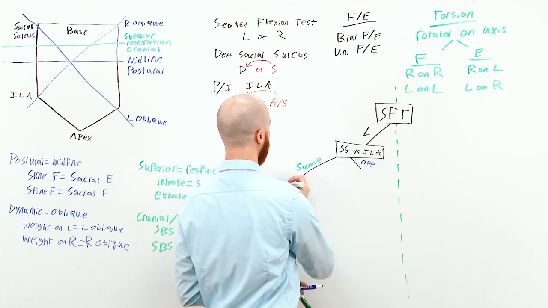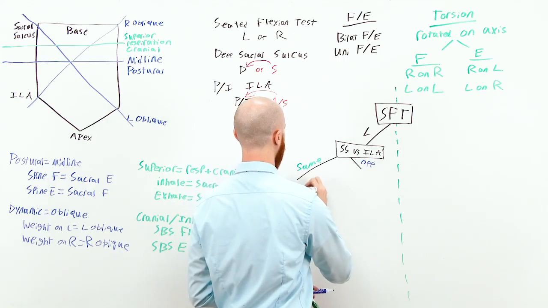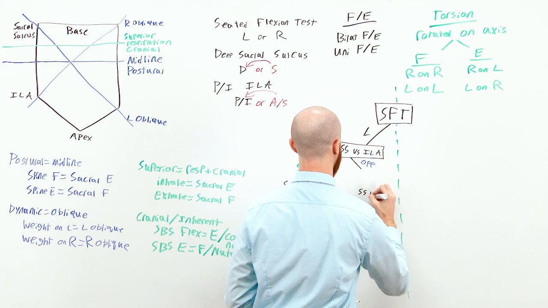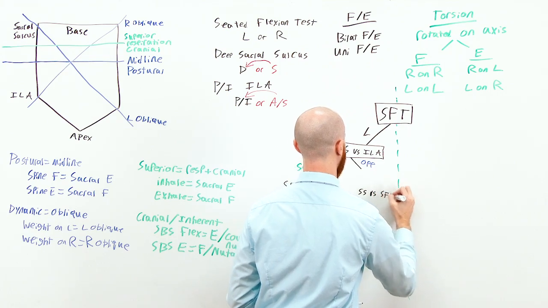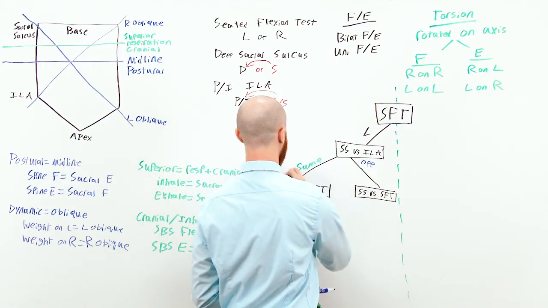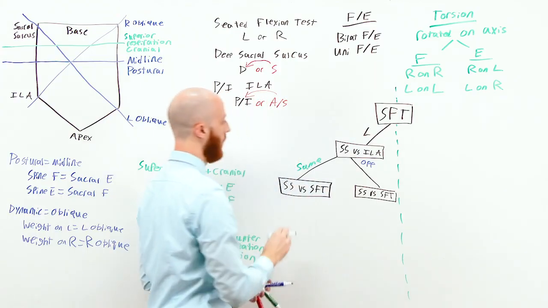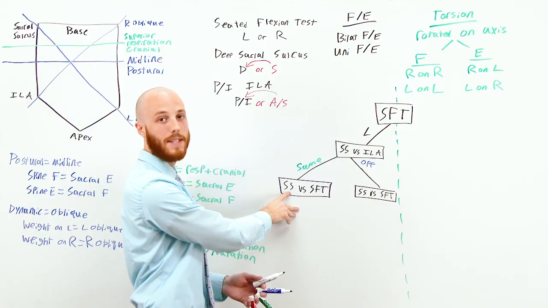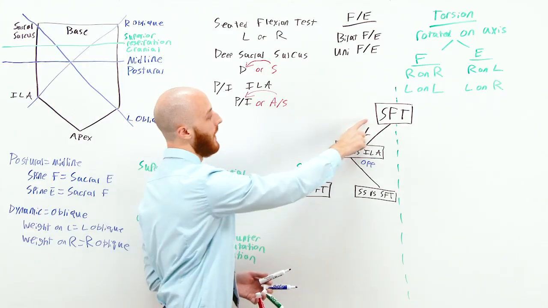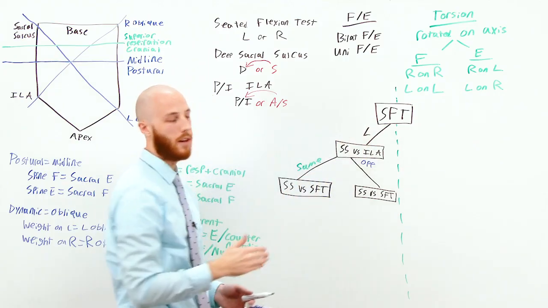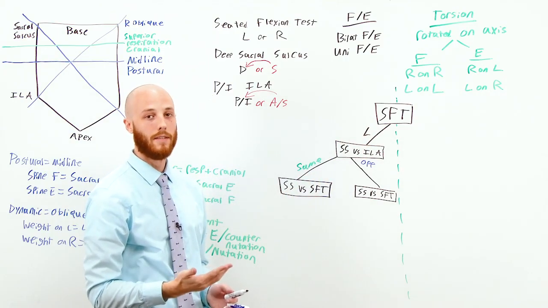The next step that you need to run through is comparing the sacral sulcus and the seated flexion test. So you need to identify which side the sacral sulcus is deep on and which side the seated flexion test is positive on. They can both either be on the right or on the left.